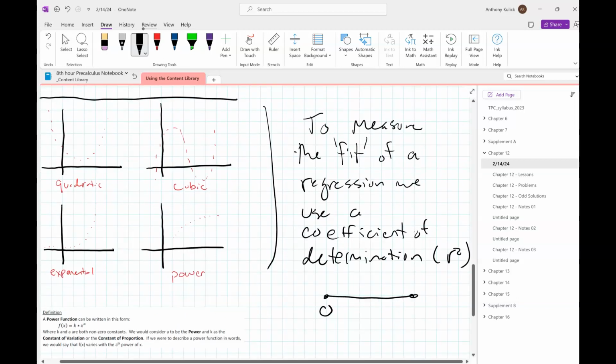R squared goes from 0 to 1. The closer you are to 1, the better the fit. So if I wasn't sure, I could do several regressions and take the one with the best r squared value. That's one way to make a decision when I have lots of choices.